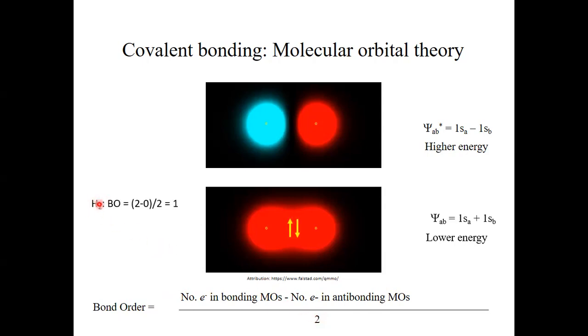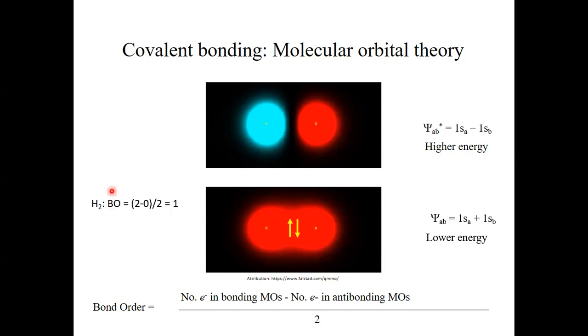Well, for the H2 molecule, the bond order would be 2 minus 0 over 2, which is equal to 1, because we could fill both electrons coming from the hydrogen atoms into the bonding molecular orbital. Okay, so the bond order would be 1, representing one single bond in between the two hydrogen atoms.